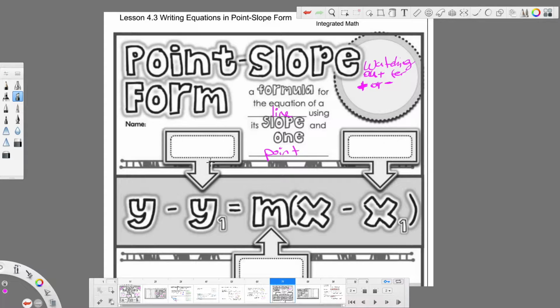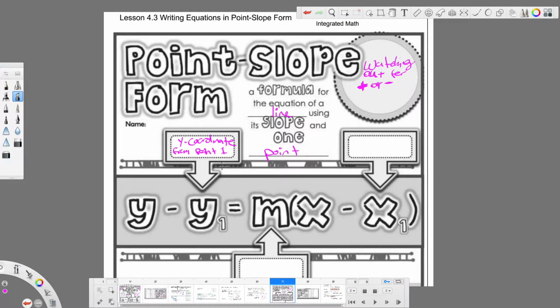But we still have x, we still have y, we still have m. The only thing that's changed is now we have x1 and y1. So this is the y coordinate from point 1, the point that we're given there.